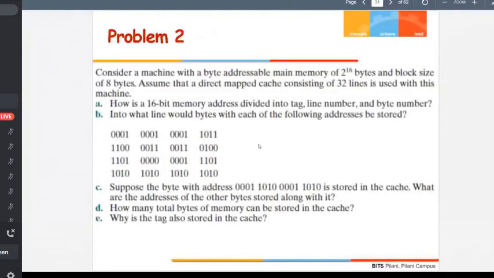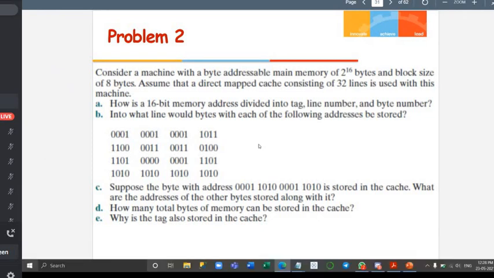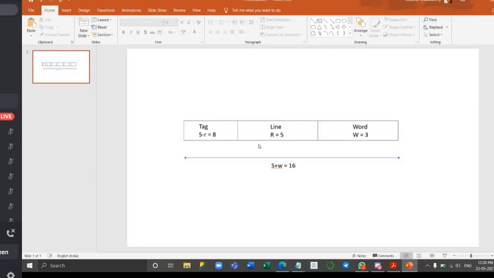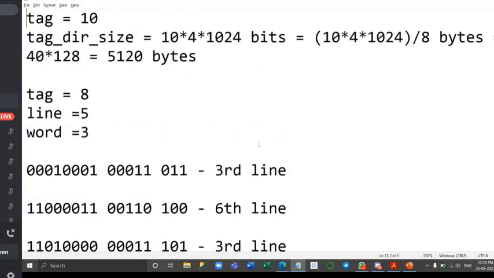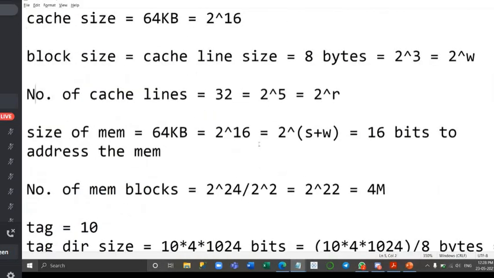All right. So how many total number of bytes of memory can be stored in the cache? So we have the values of R, W, S and tag, right? The value of R is 5, so from here we can identify that my number of lines is 32.